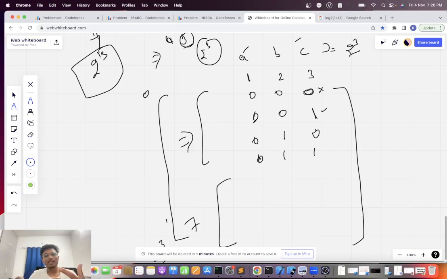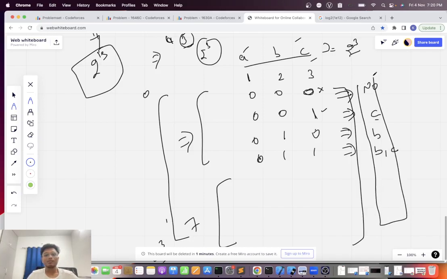If the mask is 0, I'm taking none of these. If it is 1, I'm taking only c. If it is 2, I'm taking only b. If it is 3, I'm taking b and c. These are the cases, so this covers all the 2's power 3 cases. We are using only the bitset.